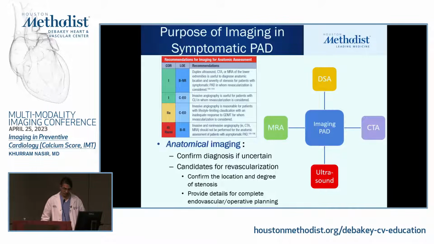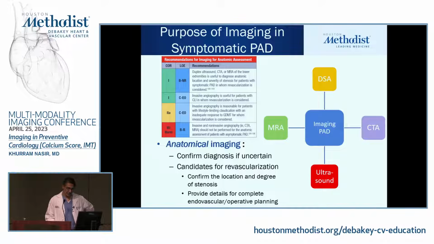In the peripheral disease space, you can have many different vessels in the lower extremities with all sorts of combinations of blockages, and it's very helpful to know beforehand what the anatomy looks like, so they can plan their procedure, be it endovascular or surgical, a priori.